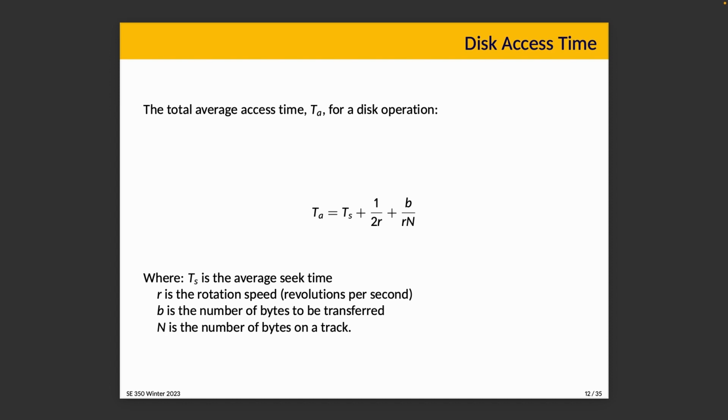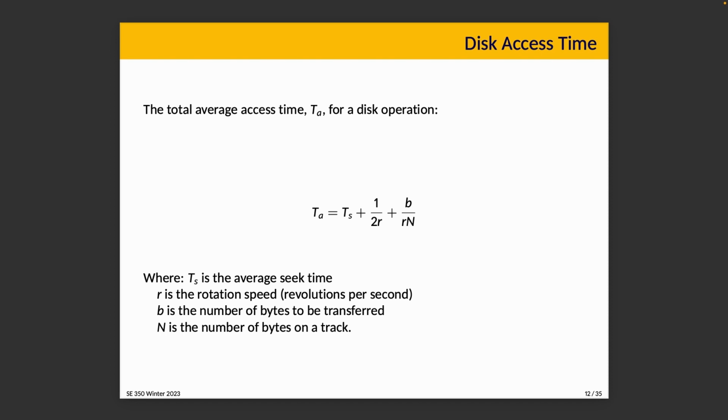So by combining these, we can add up everything that we need to figure out how long it would take to transfer some number of bytes. For a small number of bytes, we expect it takes less time, but more of that time goes to overhead. For a larger number of bytes, the actual total time is going to be larger, but less of it goes to overhead, because seek time is fixed.